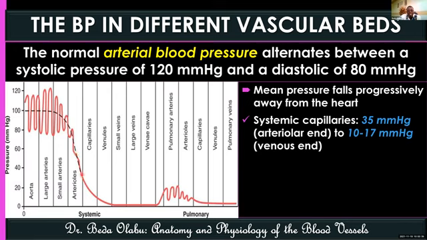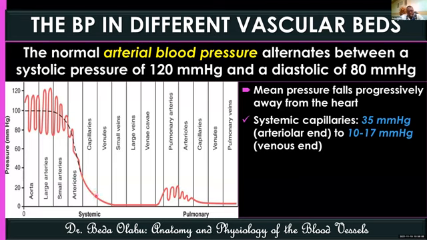So that by the time we arrive in the capillaries, we do not have the oscillations anymore, as I told you. The pressure in the capillaries has reduced significantly, so that at the arterial end of the capillary, which means the beginning of the capillary, the blood pressure is about 35 millimeters of mercury.